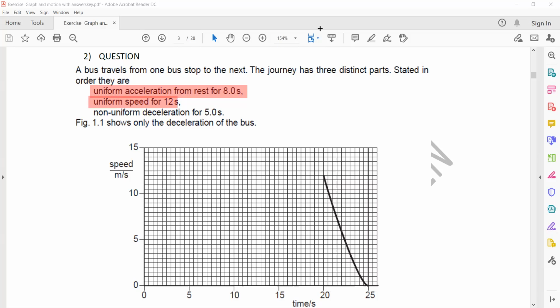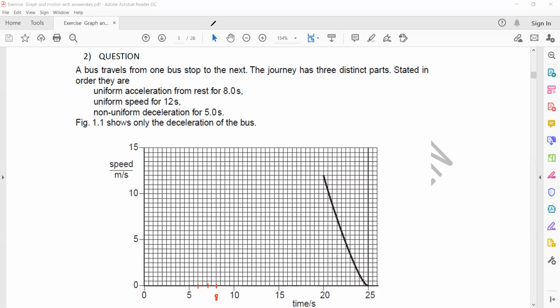So how can I complete this? So the time, this is 5, then 6, 7, 8. So it accelerated till 8 seconds, and after 8 seconds it moved with a constant speed.